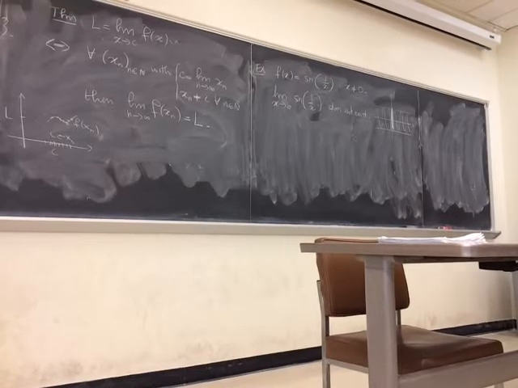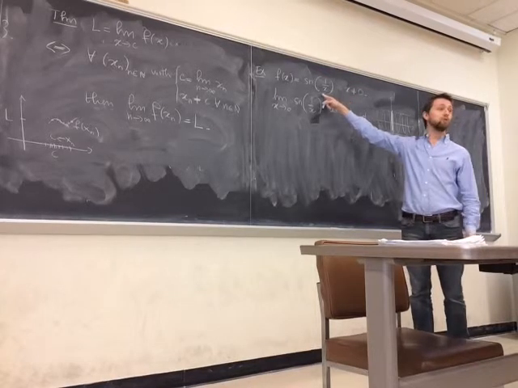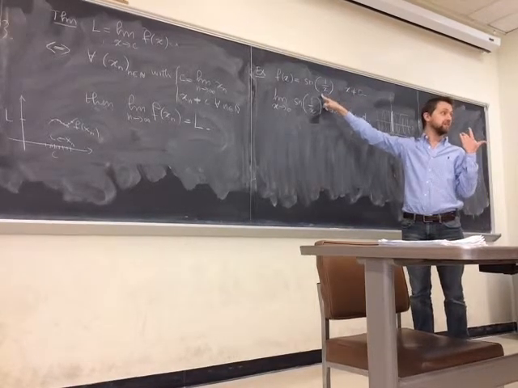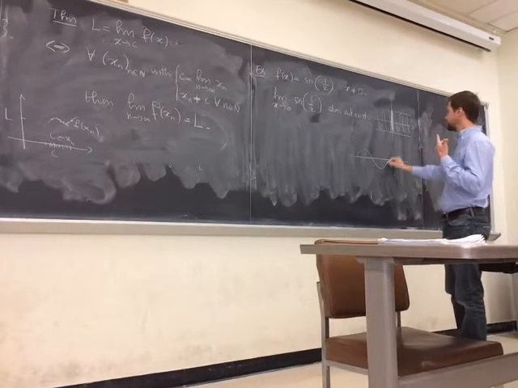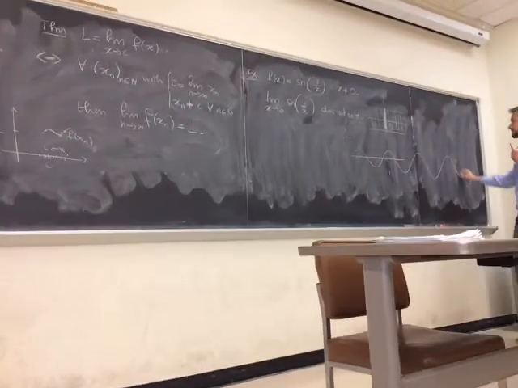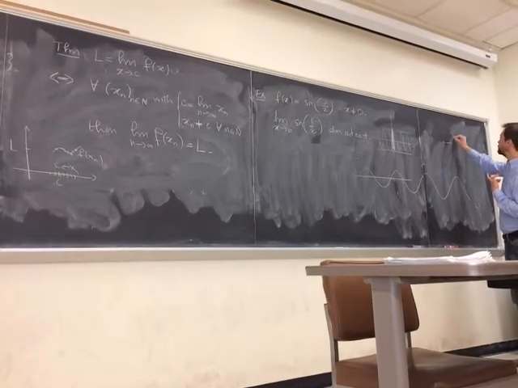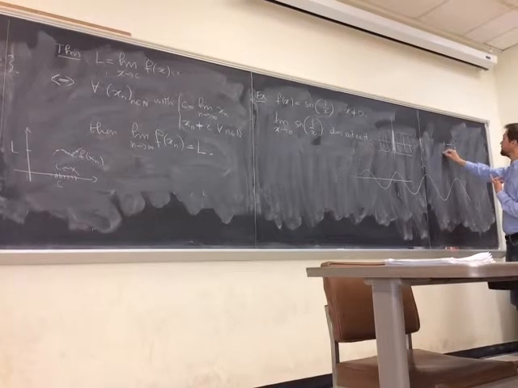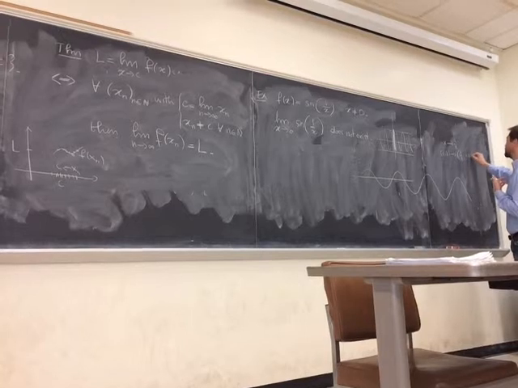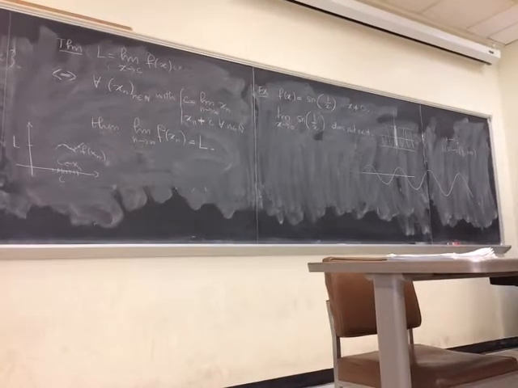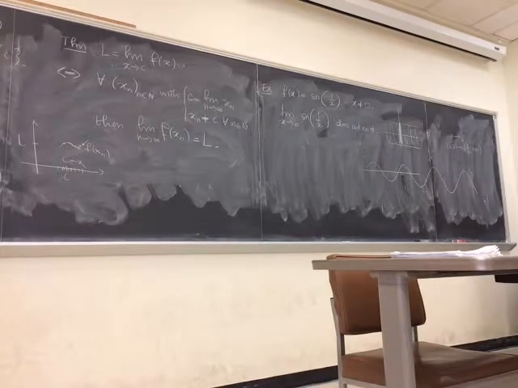Think about what this definition means. When x is small, 1 over x is very large. The map that brings x into 1 over x is bringing the interval 0 to delta to the interval 1 over delta to plus infinity. Agree with that?